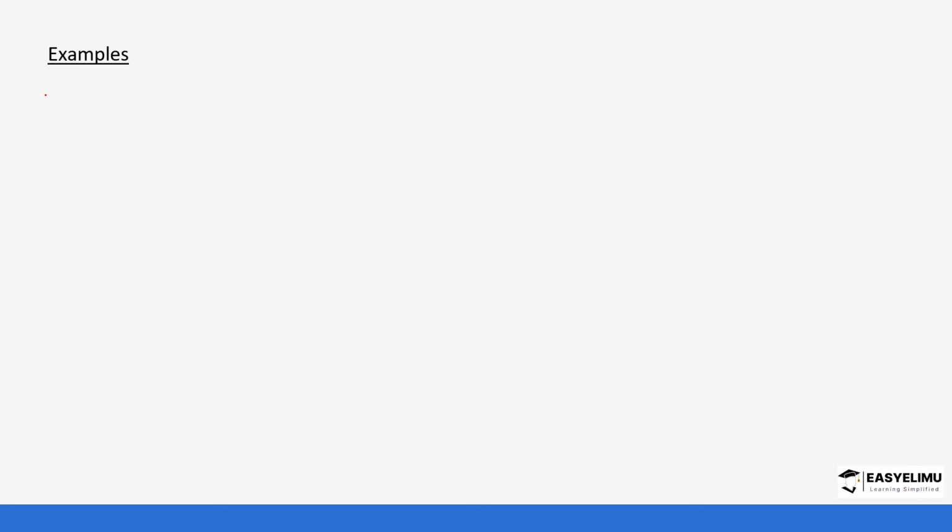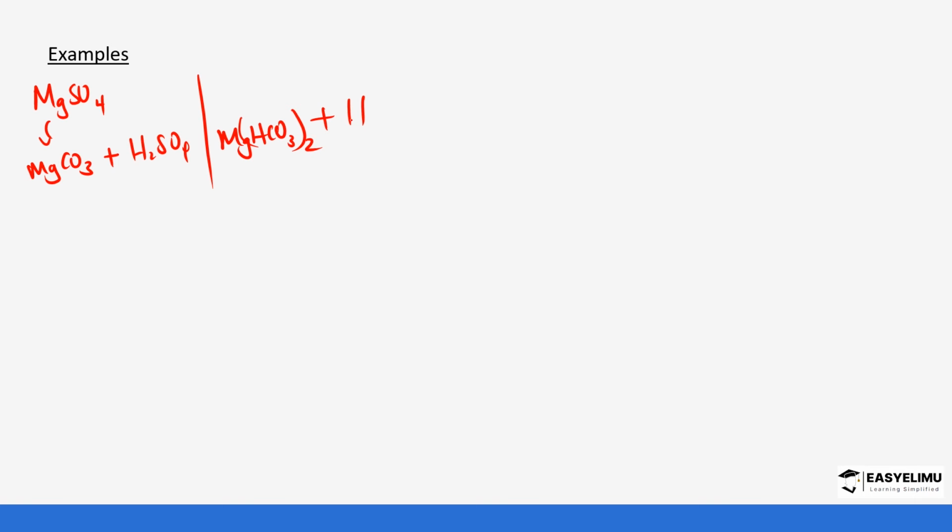We can prepare a soluble salt, for example magnesium sulfate, by reacting magnesium carbonate and dilute sulfuric acid, or magnesium hydrogen carbonate with dilute sulfuric acid. The steps are: you add excess magnesium carbonate or hydrogen carbonate to a beaker containing warm dilute sulfuric acid.